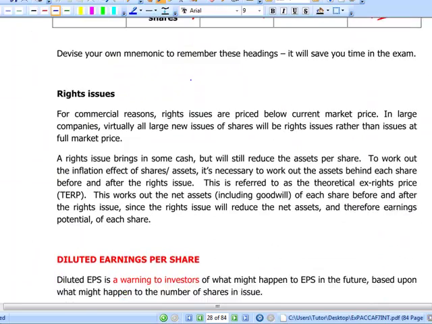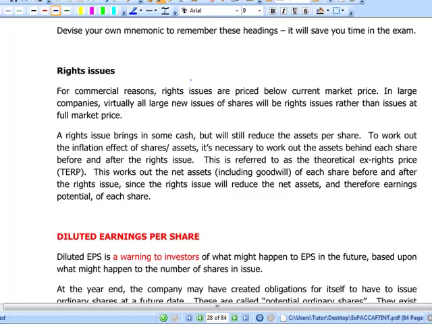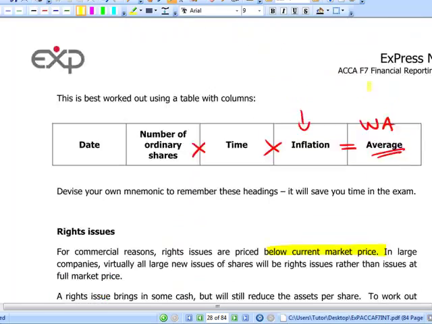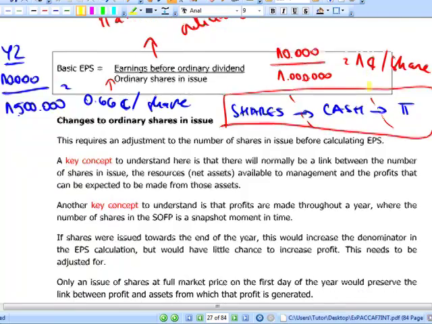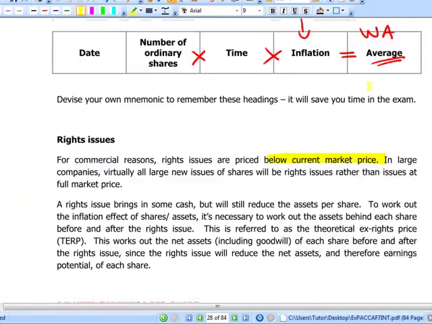The same thing applies when we talk about a rights issue. A rights issue is an issue below the market price, meaning to the same existing shareholders, I give them the right to buy a share, but they buy a share below the share price quoted on the stock exchange. So, again, this link between shares, cash, and profit is a little bit broken. I receive some cash this time, but the cash which I'm receiving is less than the market value that will help me to generate future profit.